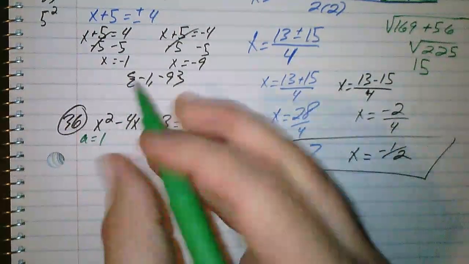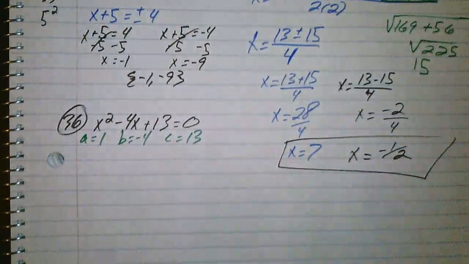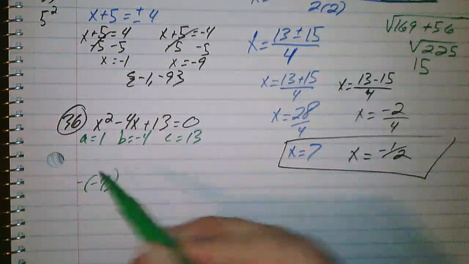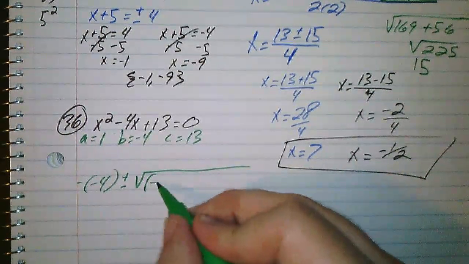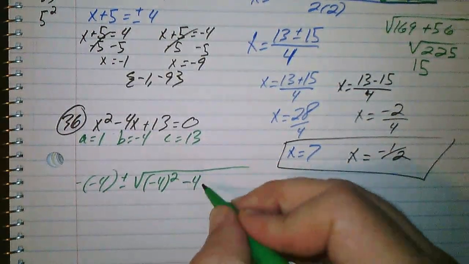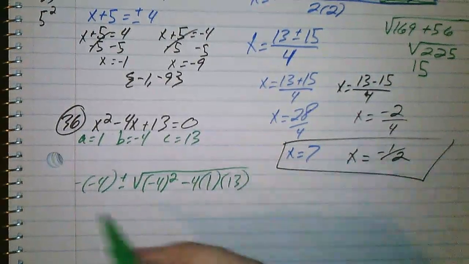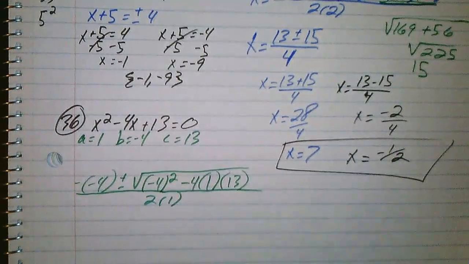Here, A is 1, B is negative 4, C is 13. So negative 4, plus or minus the square root of B squared. Always put your negative in parentheses if you're squaring it. Minus 4 times A times C. All divided by 2A.